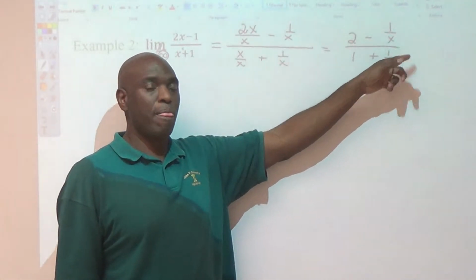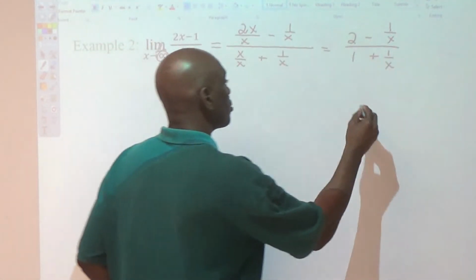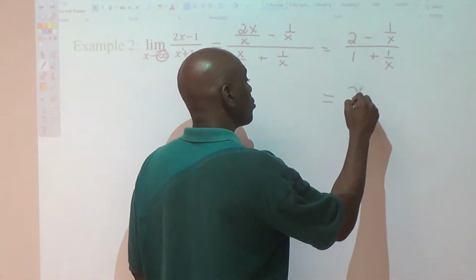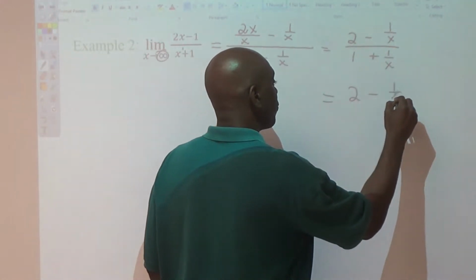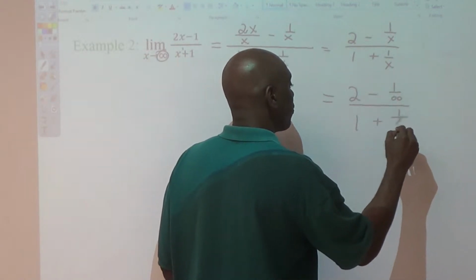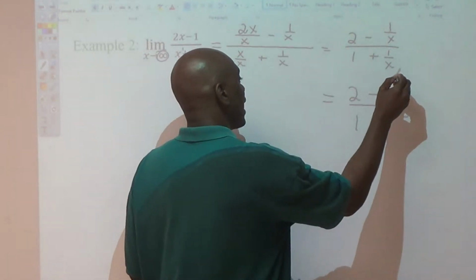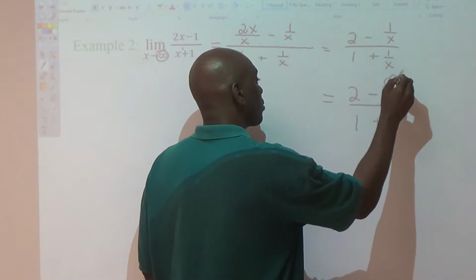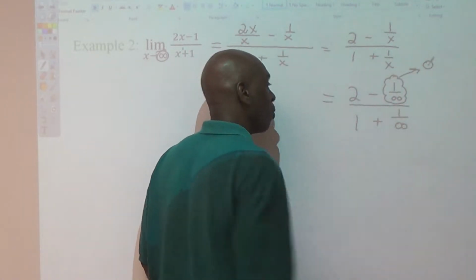Okay? And so, if we were to write 2 minus 1 over infinity divided by 1 plus 1 over infinity, well, we know exactly where this goes. This goes to 0.